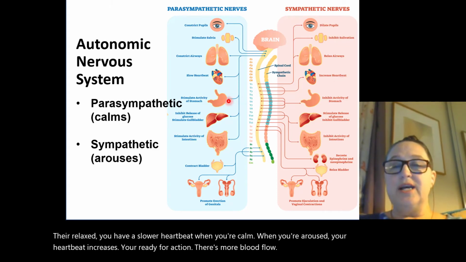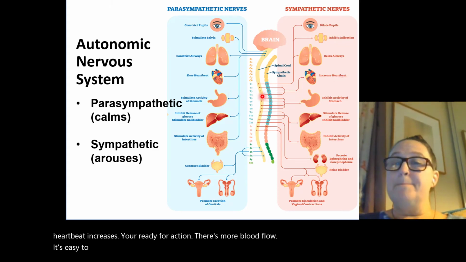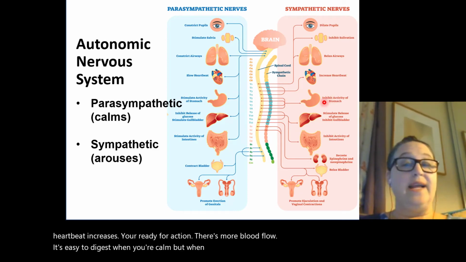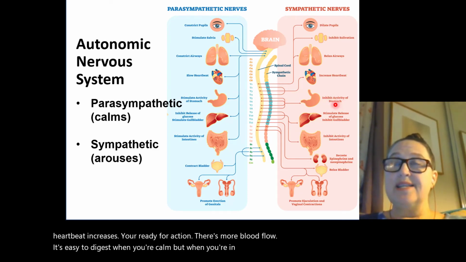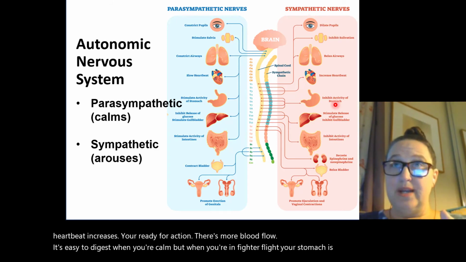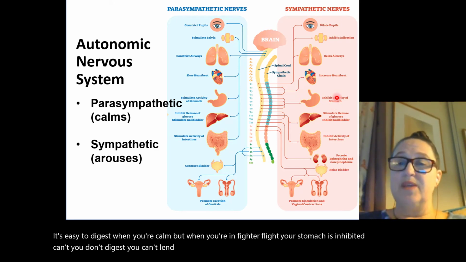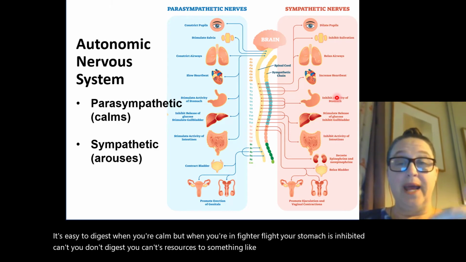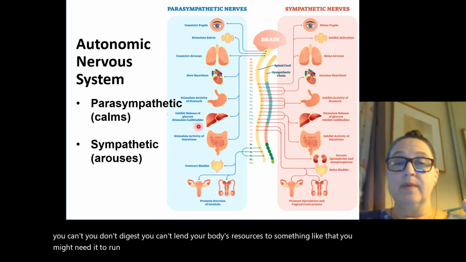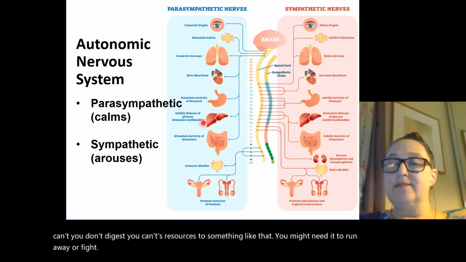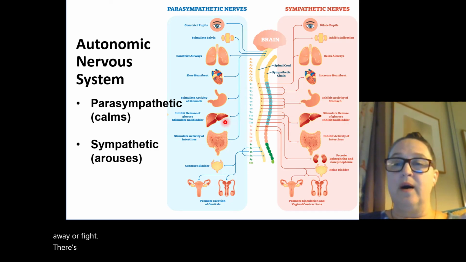It's easy to digest when you're calm. But when you're in fight or flight, your stomach is inhibited. You don't digest. You can't lend your body's resources to something like that. You might need it to run away or fight. There's differences in what's going on in the gallbladder and the intestines.